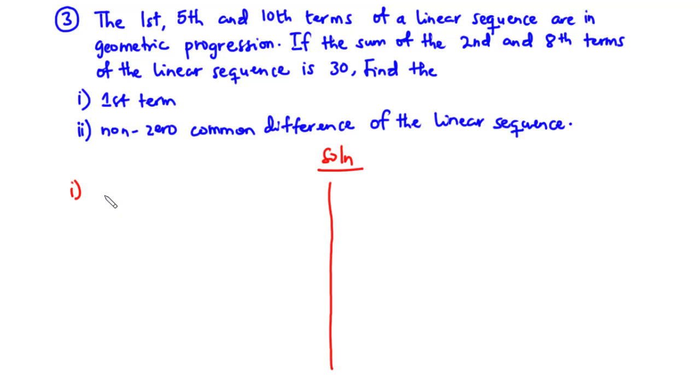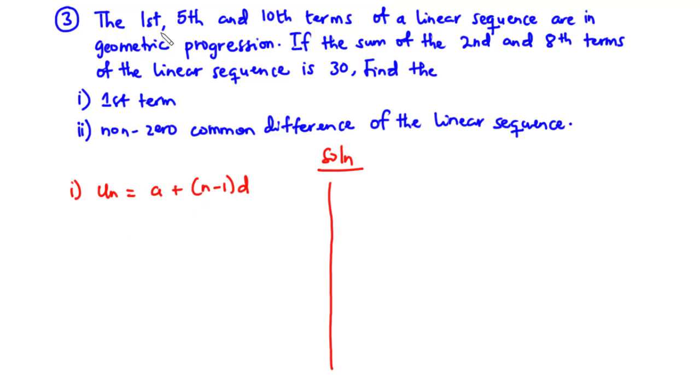Now we know that the general term of a linear sequence is given as Un equals A plus n minus 1 times d, where A is the first term, d is the common difference, and n is the number of terms.